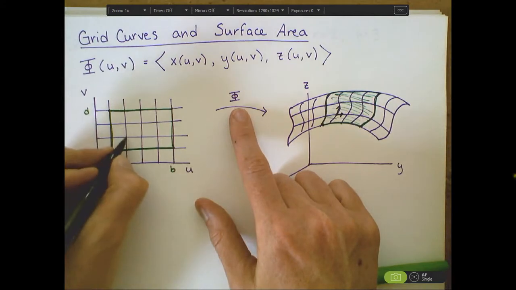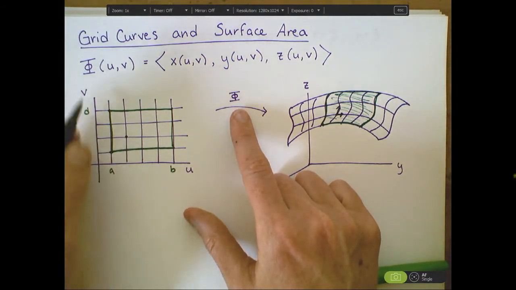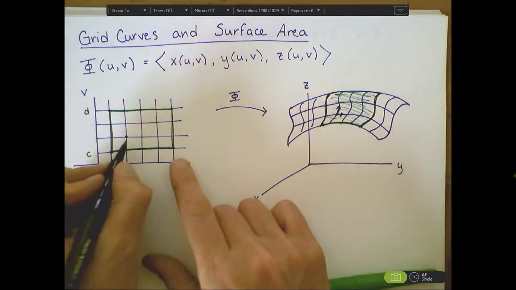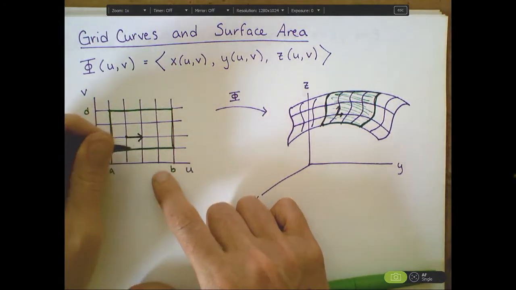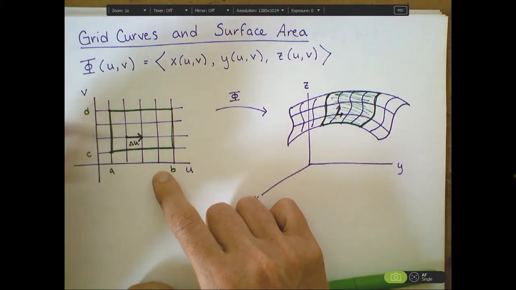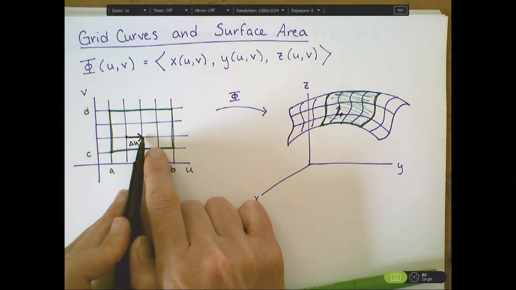So for example, what happens if I hold my v coordinate constant and just think about a change in u? I'm thinking about a vector over in this space, my change in u vector.